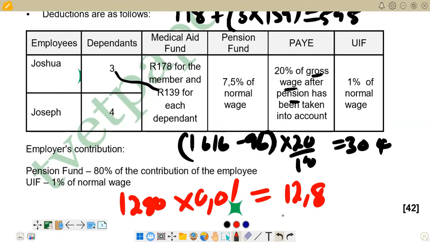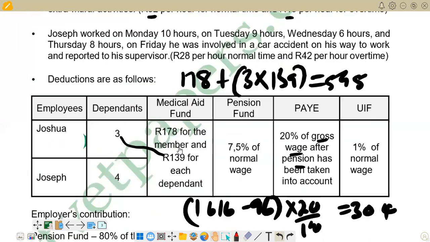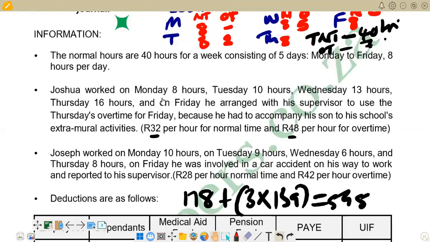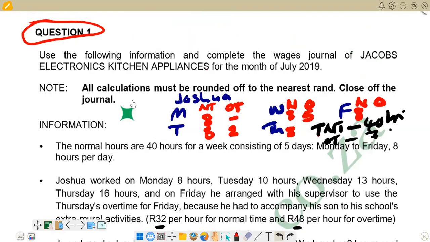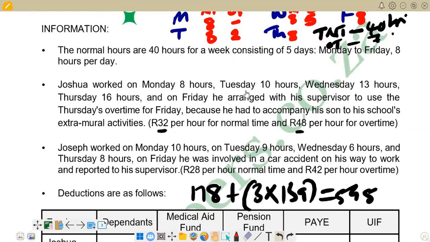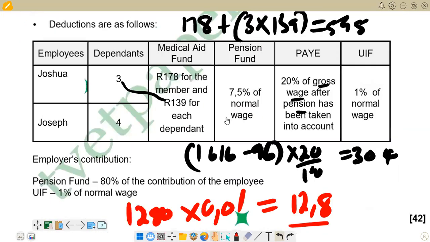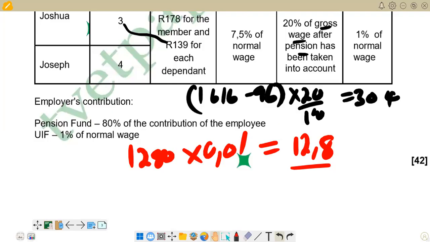But this is a decimal. Remember, there's an instruction in terms of how we should treat these decimals. We come here and check the instruction that we are given at the beginning of the question, that all calculations must be rounded off to the nearest rand. So we round off that figure because it has a comma, to the nearest rand. We are coming here where we have our 12, then we check the number behind, the 8.